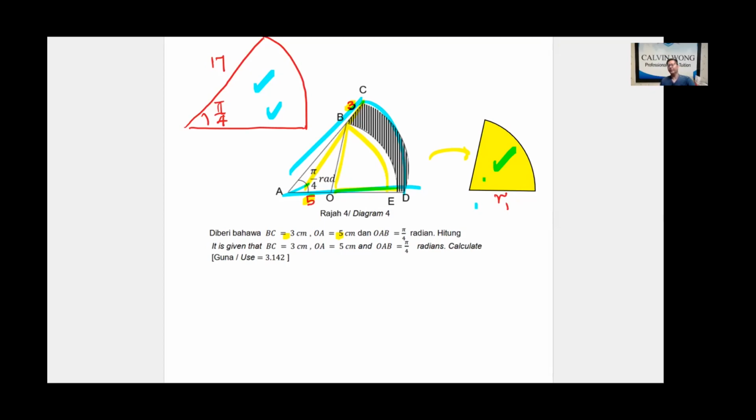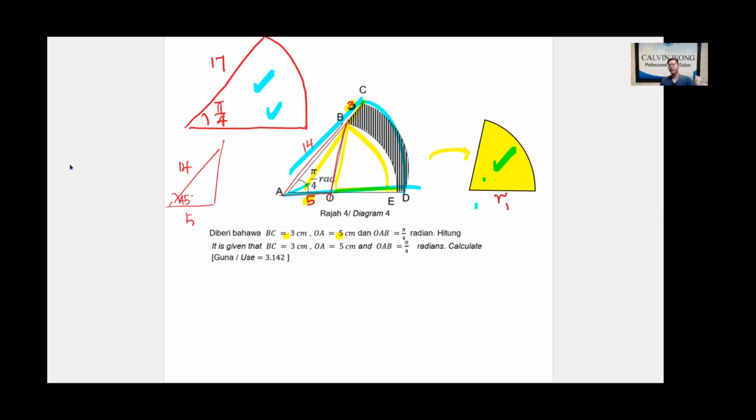I have this information now. Most probably I will need to use this triangle, and it is 45 degrees. I know it's pi over 4. And then 17 minus 3 is 14, so it should be 14.